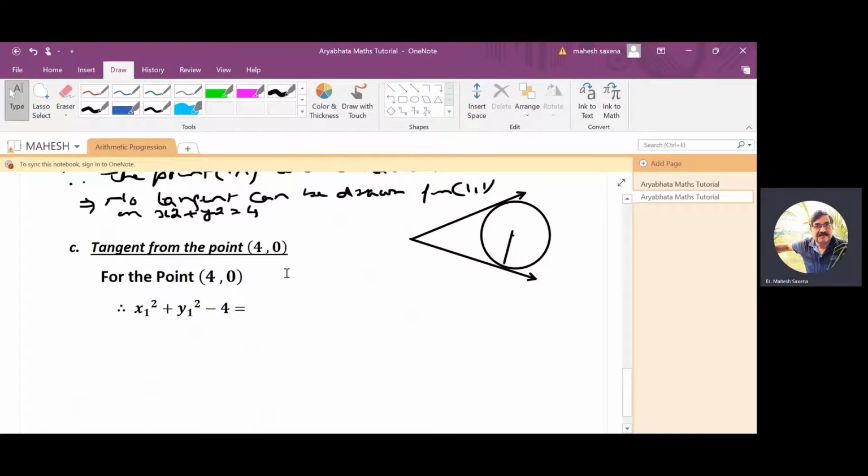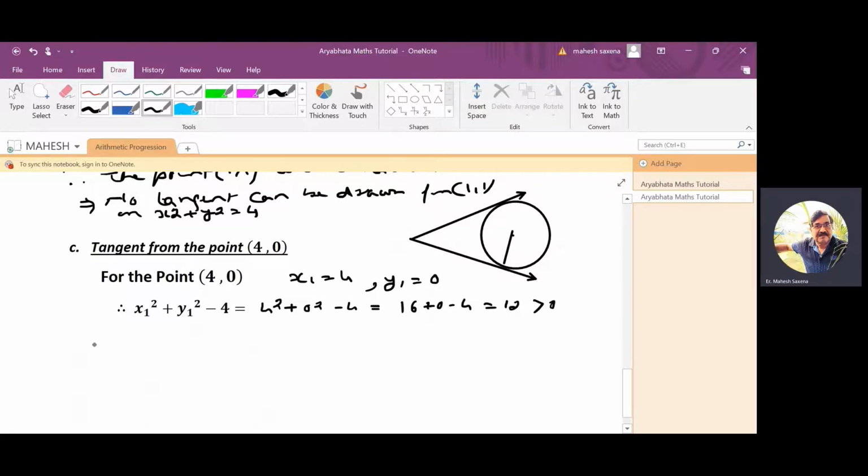Now we take the third point 4 comma 0. For the point 4 comma 0, x1 is equal to 4 and y1 is equal to 0. Now putting these values x1, y1 in this equation, we will get 4 square plus 0 square minus 4, that is equal to 16 plus 0 minus 4, that is 12, which is greater than 0.